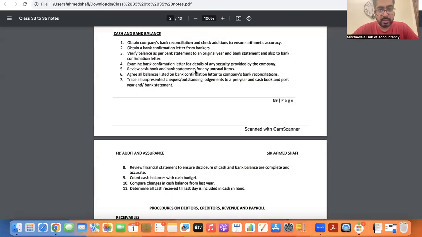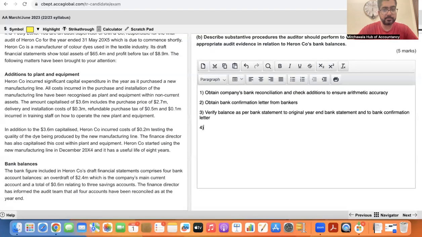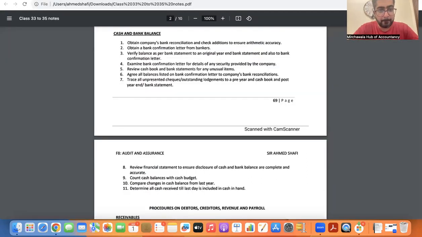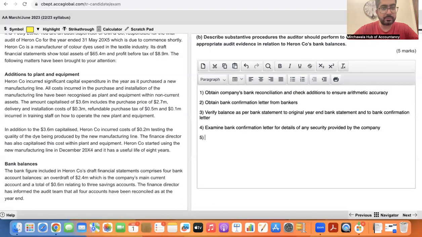Examine bank confirmation letter for details of any security provided by the company. Review cash book and bank statement for any unusual items.